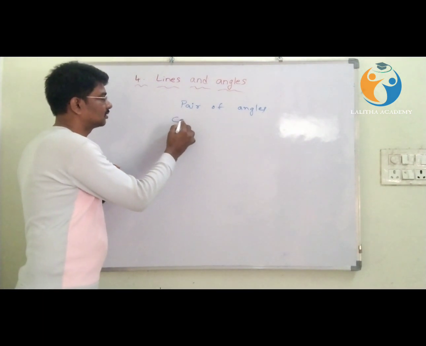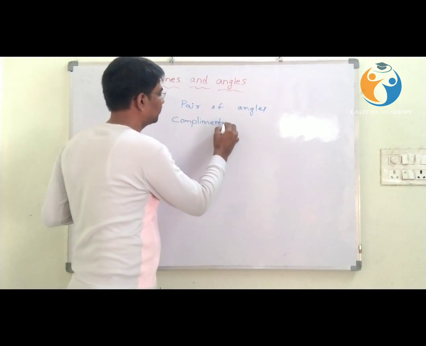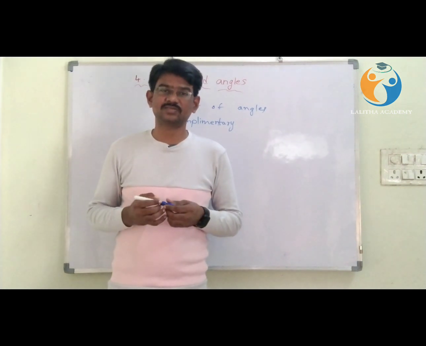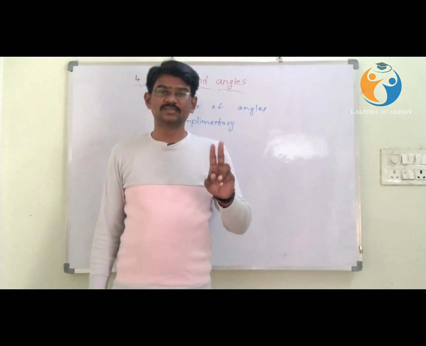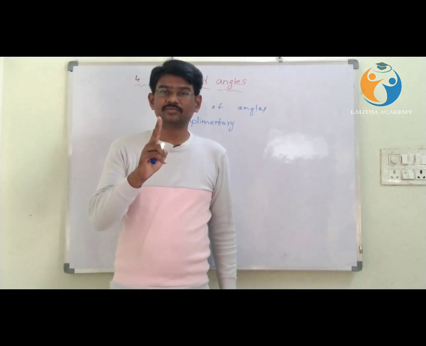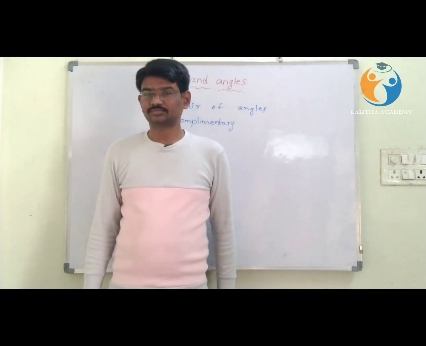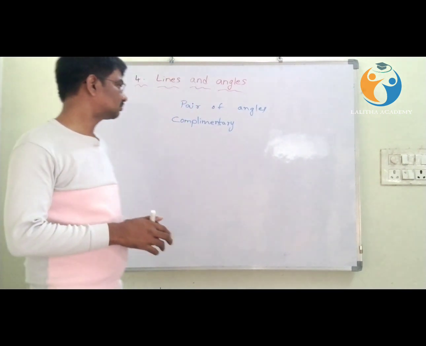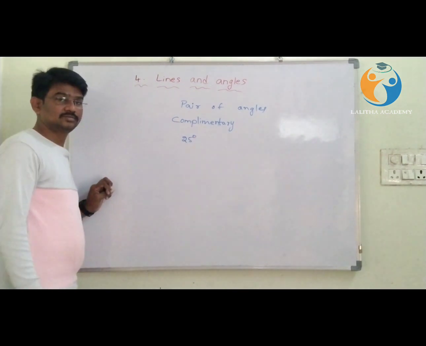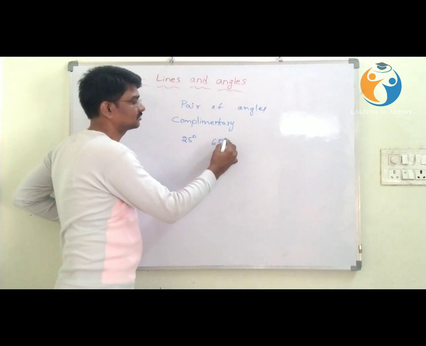First one, complementary angles. What are complementary angles? If the sum of two angles is 90 degrees, I am writing two angles on the board. One angle is 25 degrees, another angle is 65 degrees.